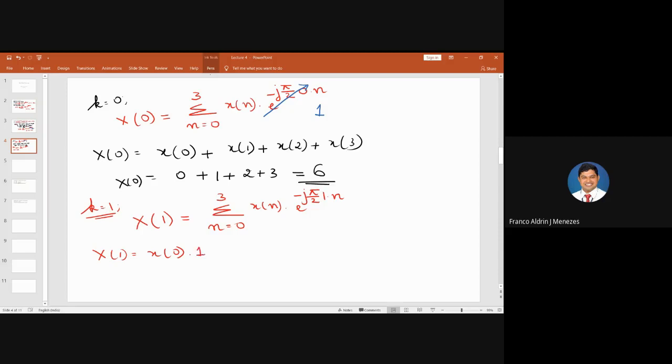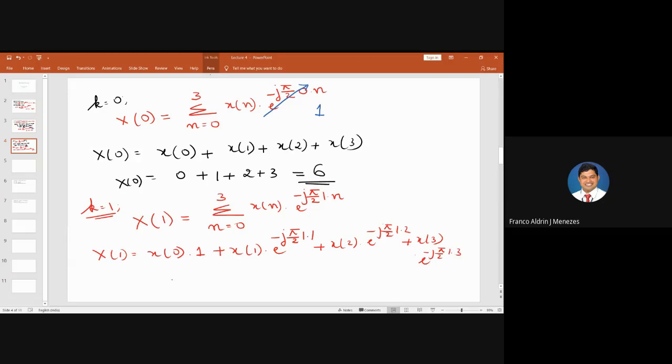So I will consider this as 1 plus x of 1 into e to the power of minus j pi by 2 into 1, into 1 plus x of 2 e to the power of minus j pi by 2 into 2, into 2 plus x of 3 into e to the power of minus j pi by 2 into 3.